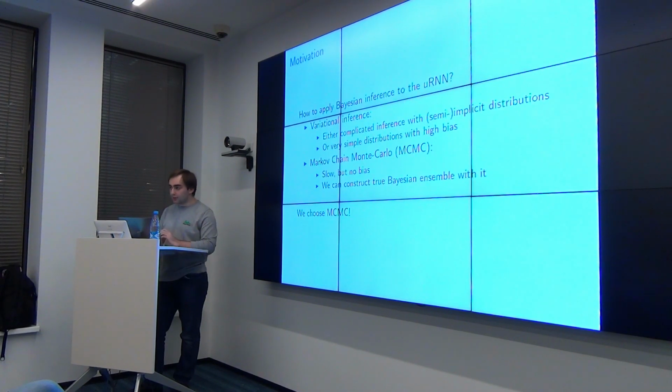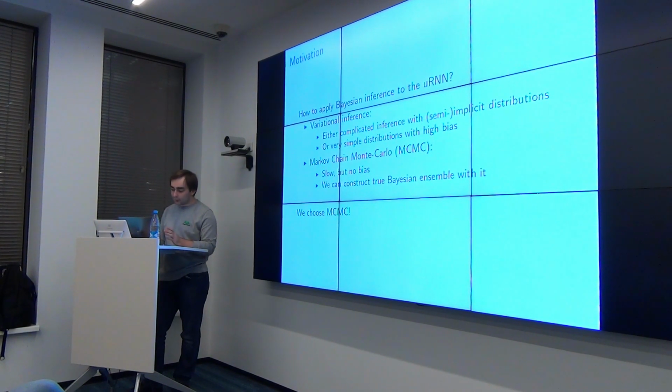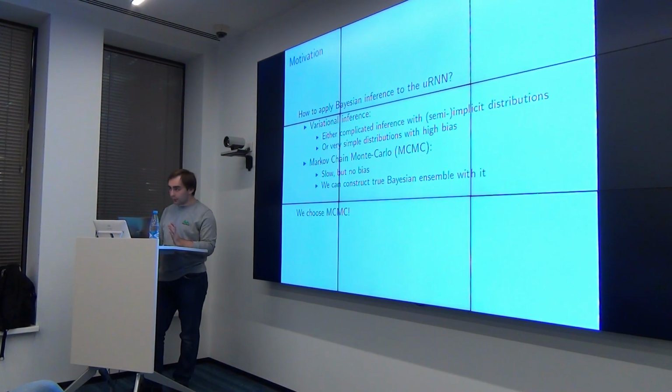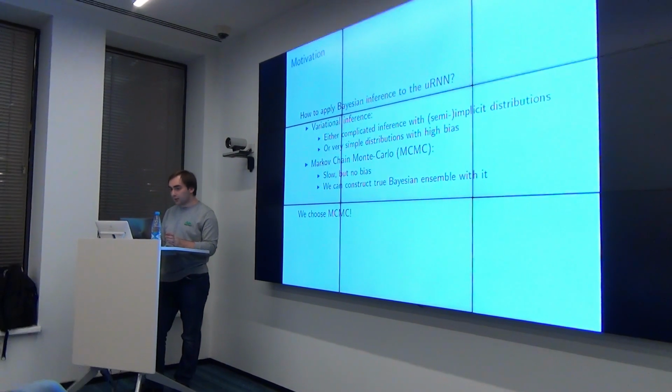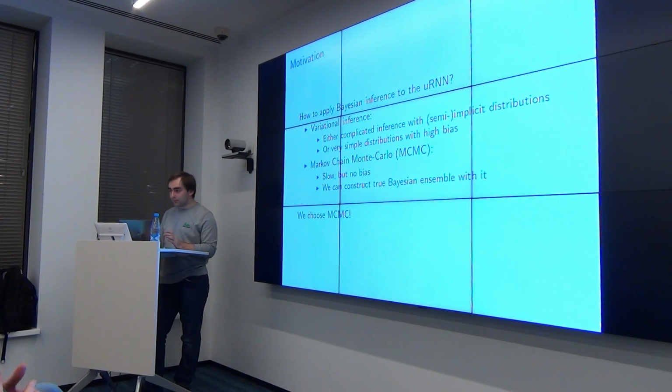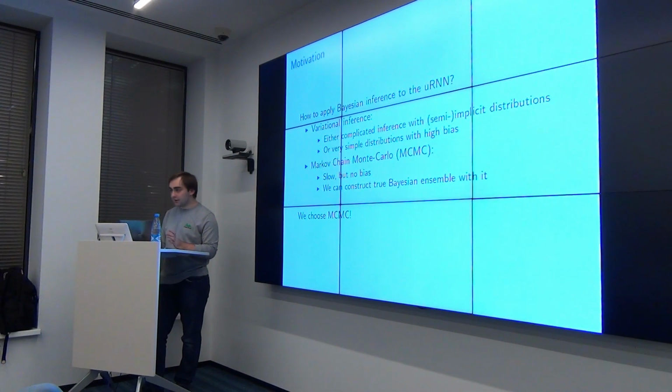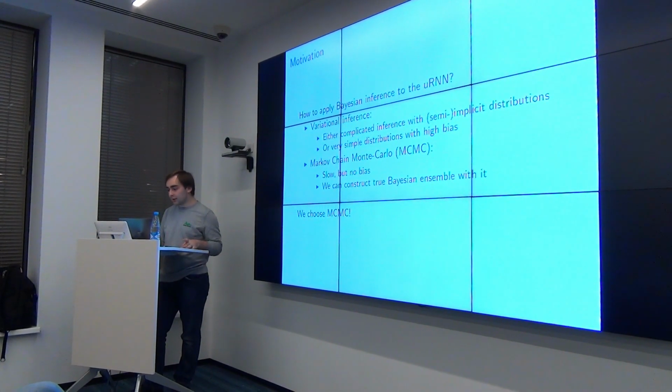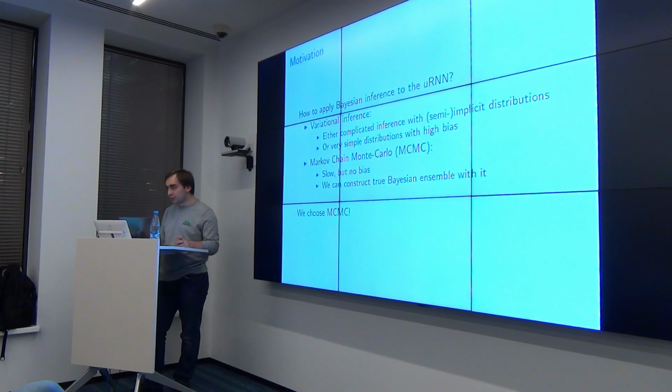So how would you apply Bayesian inference to the URNN? There are two ways. One way is to use variational inference. However, with orthogonal matrices, it results in either very complicated inference with semi-implicit distributions, or we can use only very simple distributions which induce high bias, and our posterior is not very useful.